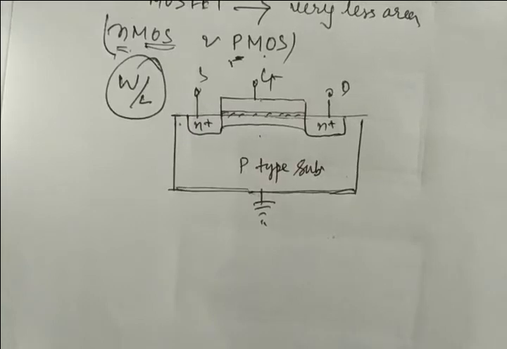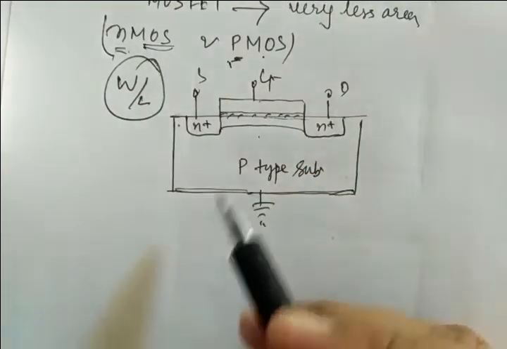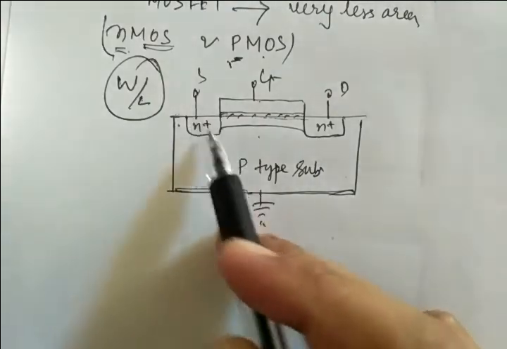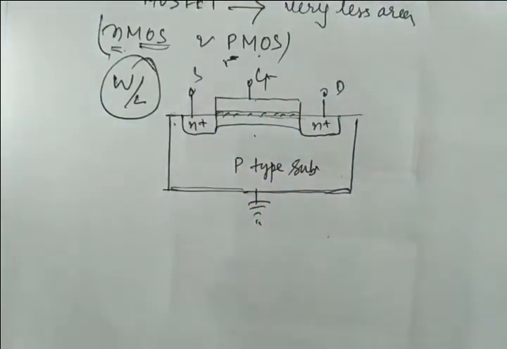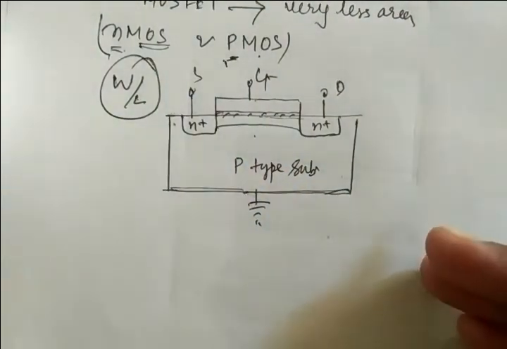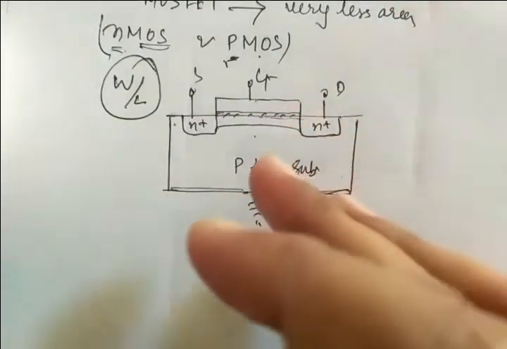The parameters are the width, the length, the oxide thickness, the acceptor concentration and the donor concentration, because in a p-type substrate there is doping, right? Various kinds of processes are there.